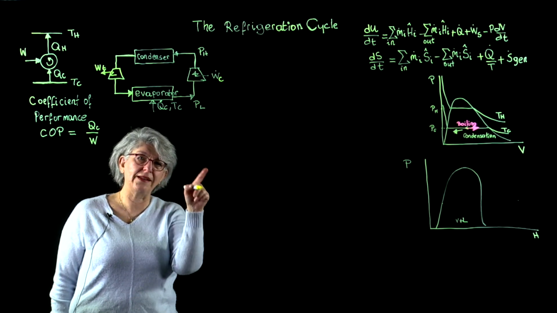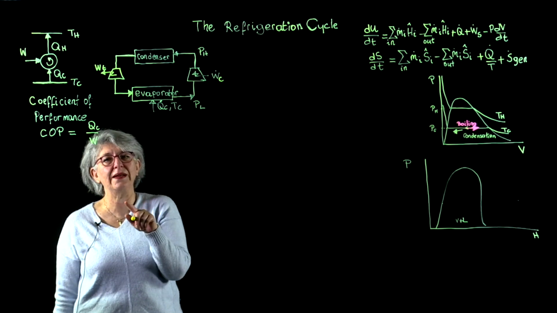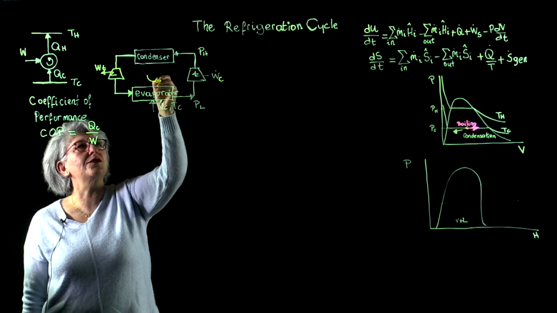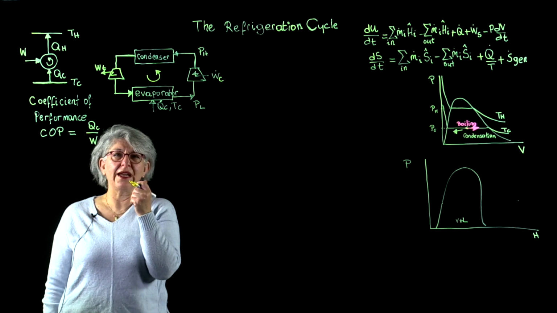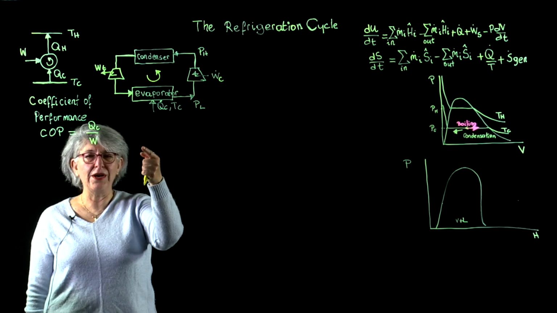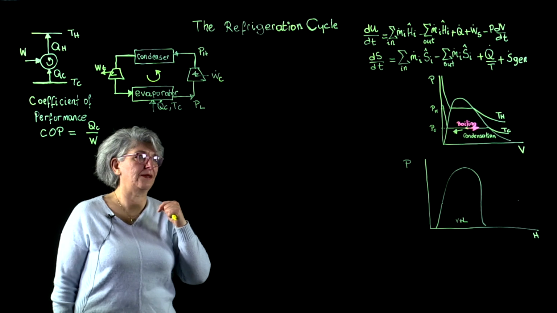We were operating in one direction, and when we operate this cycle in the opposing direction, we generate a refrigeration cycle. The direction of the cycle is like this. We are boiling at low temperature, condensing at high temperature, in opposition to a power cycle.